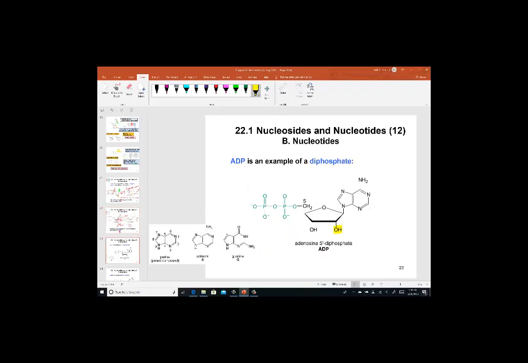So this is adenosine 5' diphosphate. Notice that I have 1, 2 phosphate groups. Adenosine comes from the adenine functional group here. That matches the name of the base. Adenosine 5' diphosphate. This would be a nucleotide.